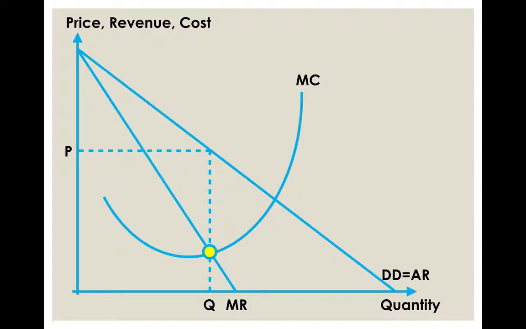In first degree price discrimination, the diagram will look quite different. In the usual diagram, we have your demand equals AR curve, we have your MR curve, and we have an MC curve with the profit maximizing quantity and price illustrated as you see on the screen. But remember that in first degree price discrimination, every single person is being charged the maximum price that he or she is willing to pay, which means that the additional revenue that the firm gets from selling an additional unit of good is actually the maximum price that that person is willing to pay, right?